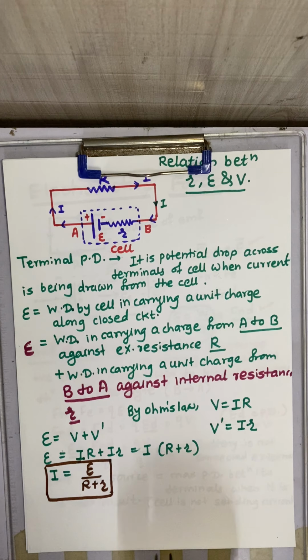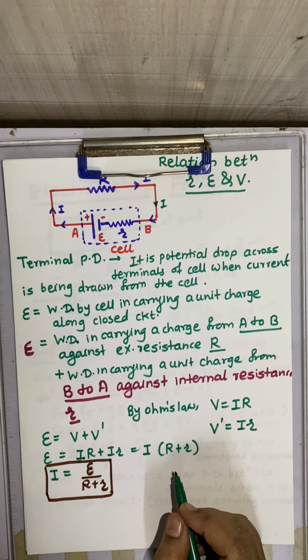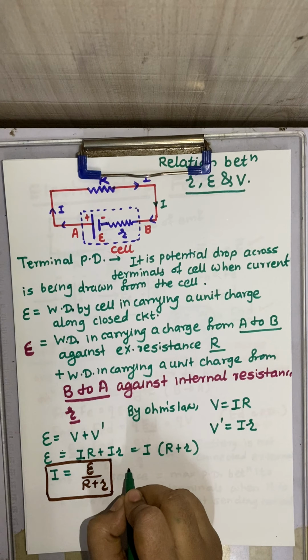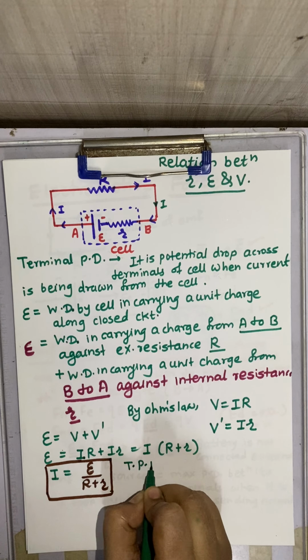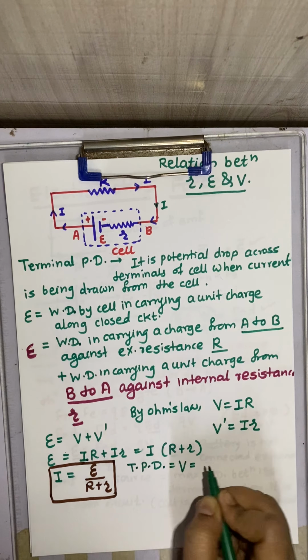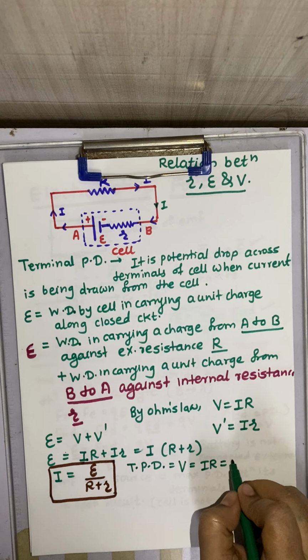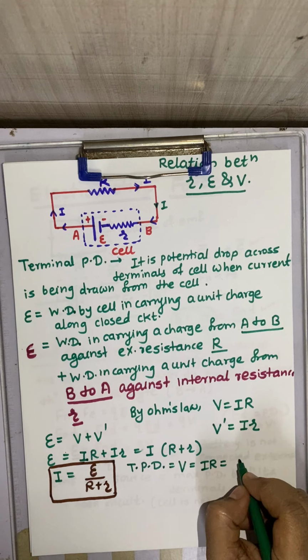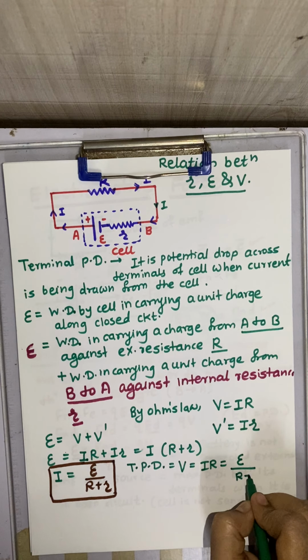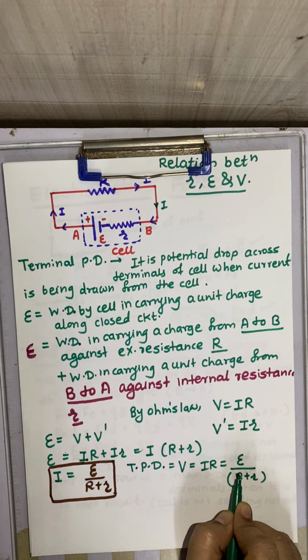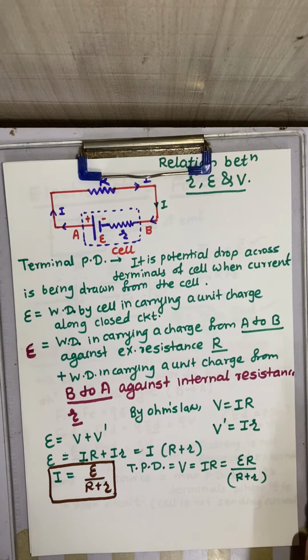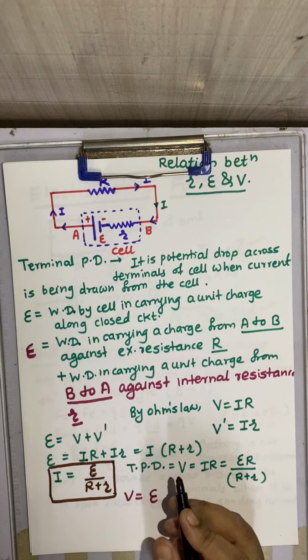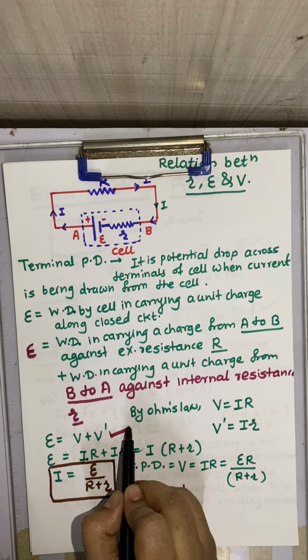Therefore the terminal potential difference of the cell, which sends current I through the external resistance, is given by V is equal to IR, and I is E upon R plus r, multiplied by capital R. We can write this again in terms of another value, that is V is equal to E minus V dash, from the expression I have taken.